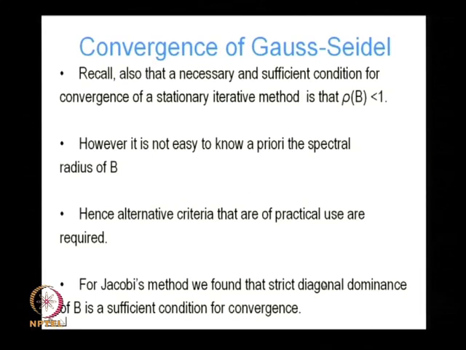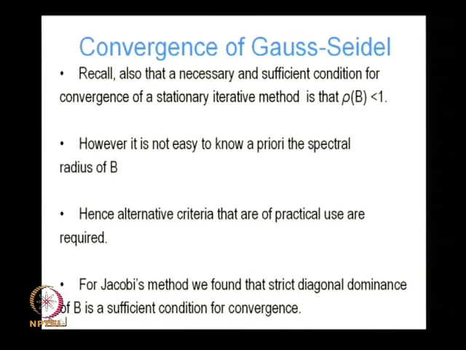Also, we recall that a necessary and sufficient condition for convergence of a stationary iterative method is that the spectral radius of B be less than 1. That is, the largest eigenvalue of B must have magnitude less than 1. That is both a necessary as well as a sufficient condition for convergence of a stationary iterative method.